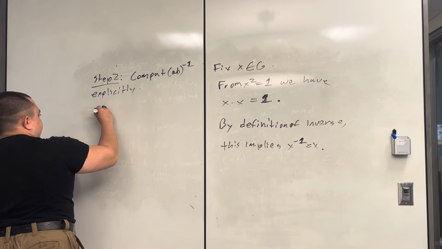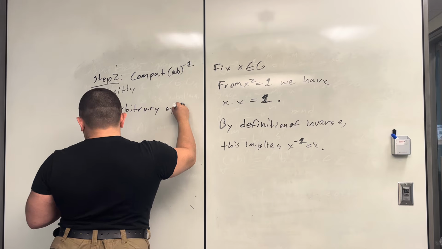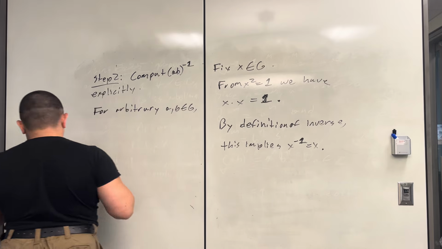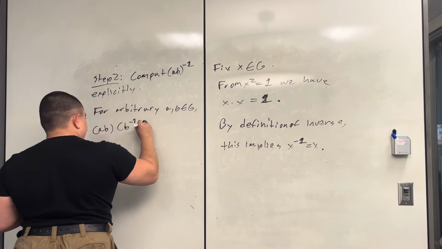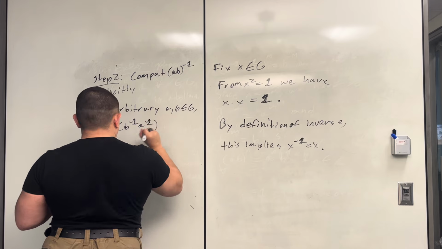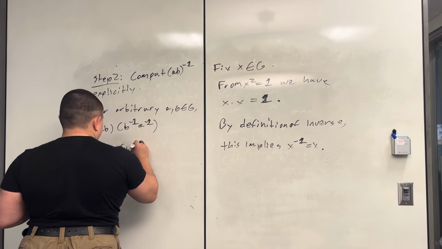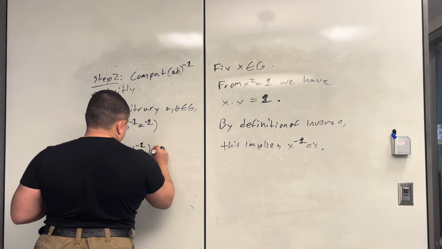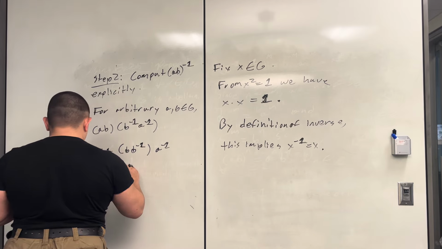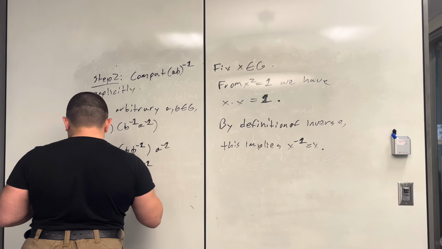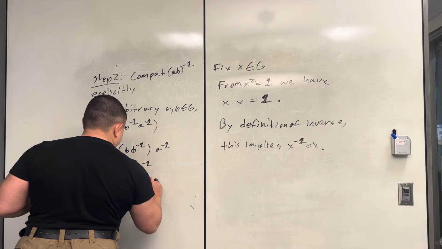For arbitrary A, B within G, (AB) times (B to the negative 1 times A to the negative 1) is equal to A times (B times B to the negative 1) times A to the negative 1, which is equal to A times 1 times A to the negative 1, which is equal to A times A to the negative 1, which is equal to 1.